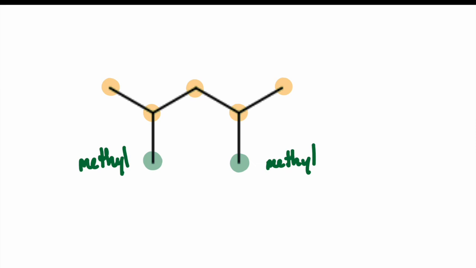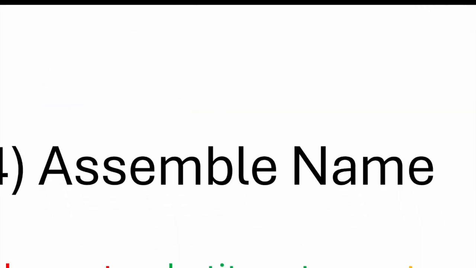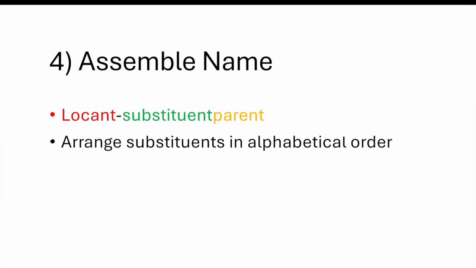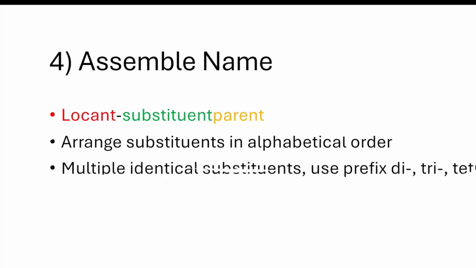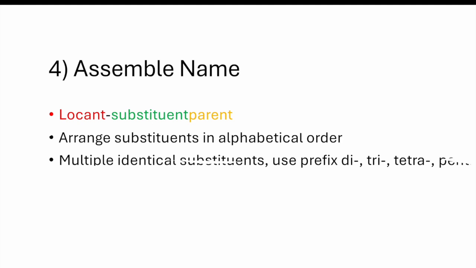All right, when we have multiple identical substituents, when we're arranging our name, we're going to use these prefixes, di, tri, tetra, penta, etc. So in this case, with my 2 methyl groups, I'm going to use this di prefix here.